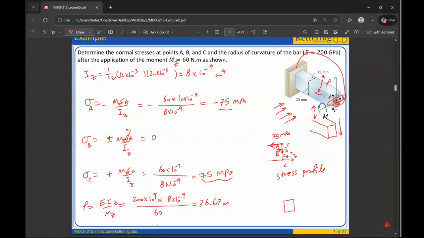Suppose we're walking on it, this one is the neutral axis. Sigma equals 0. The ones that are non-zero and most significant are these two faces, equal and opposite, really critical locations.